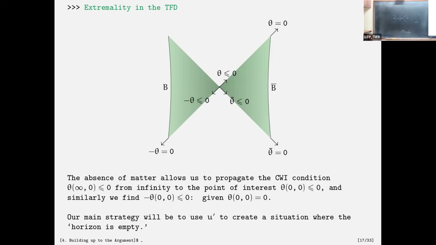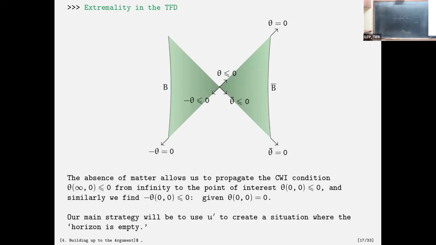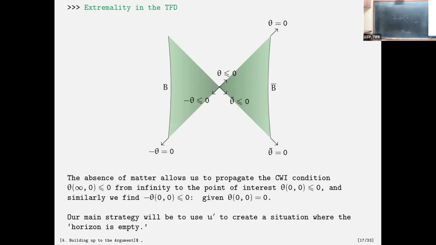Let me go back to the CFT. What's happening now in the CFT, the right hand side here is 0. The bulk state is the vacuum. Which means that if I go here and theta equals 0, I keep going back and theta will always be 0 because there's nothing to source a change in theta. So this point is the one where theta equals 0 in every direction.